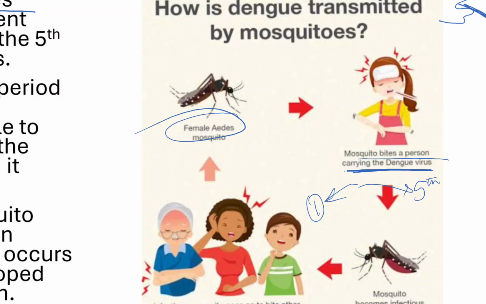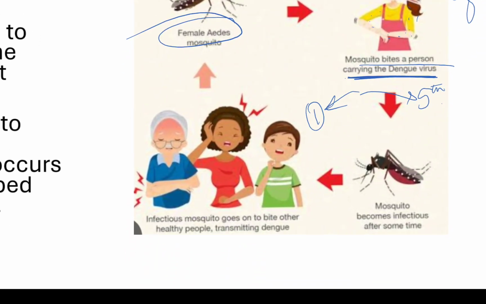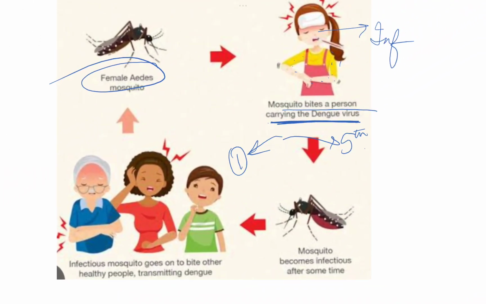And during this stage, the patient is becoming very infective, because the dengue virus in high load is circulating in the blood. After biting this person, the dengue virus will enter into the gut of the mosquito, and so much multiplication takes place.